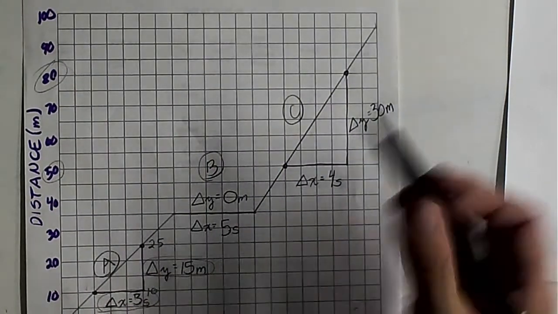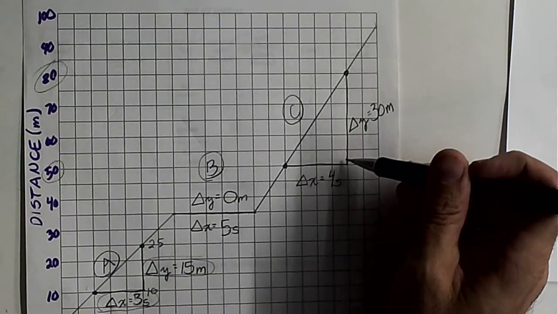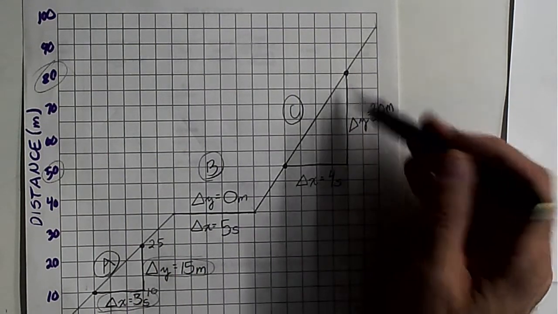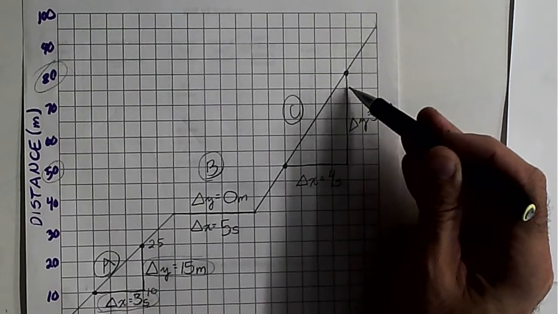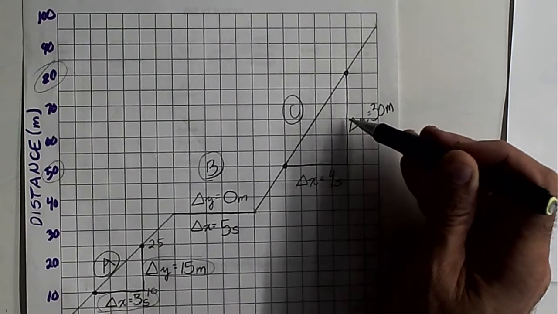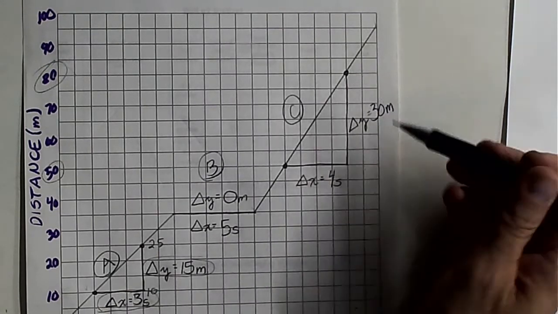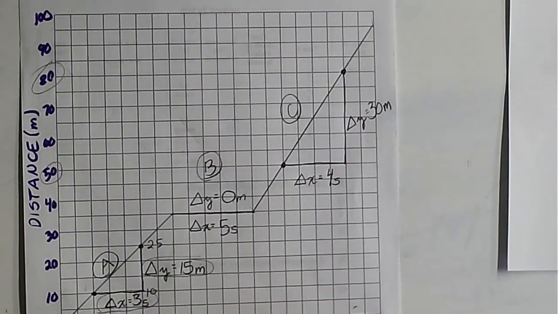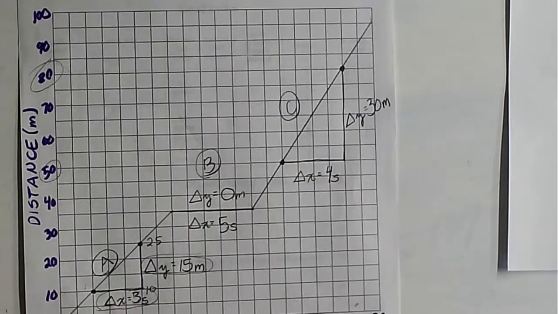So the change is 30. 5, 10, 15, 20, 25, 30. It went up 30. And then it's over 4 seconds. 1, 2, 3, 4. So the change of x is 4.